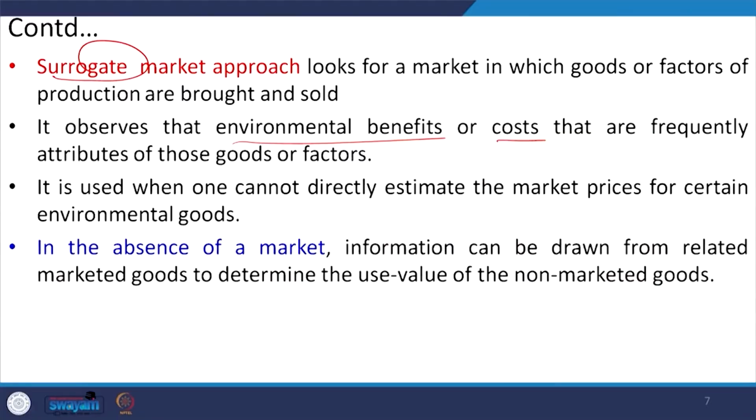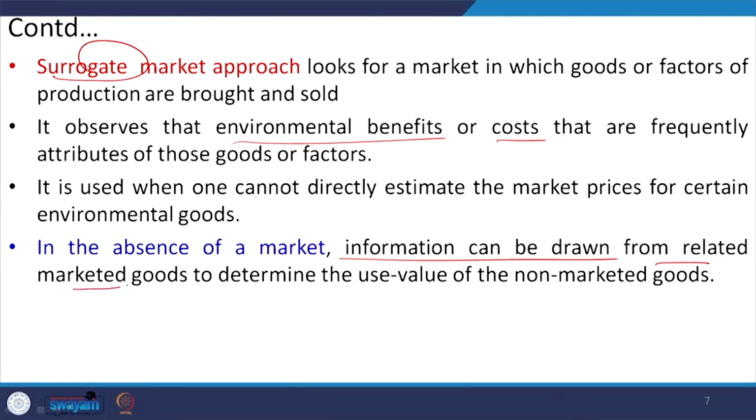So, in the absence of a true market for these environmental goods and services, we can gather the information from the related markets where related goods and services are traded, and we use this market information to determine the use values of the non-marketed goods.